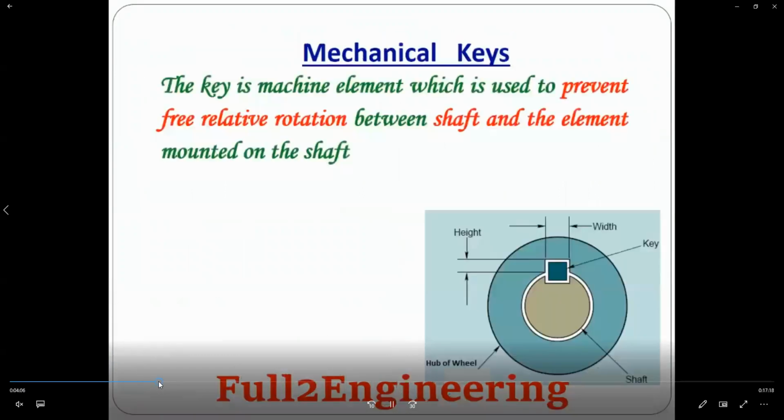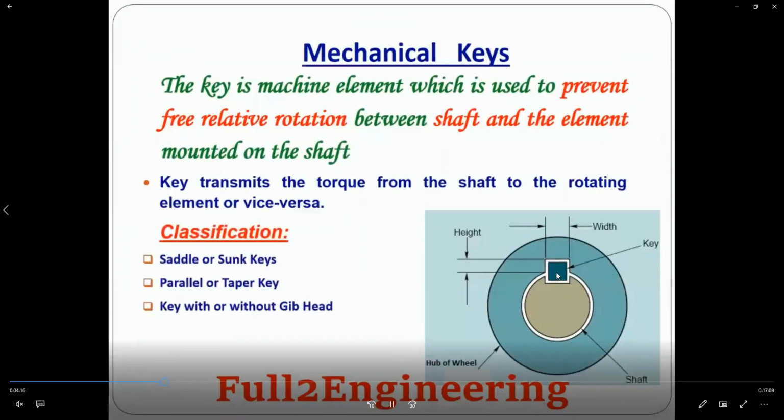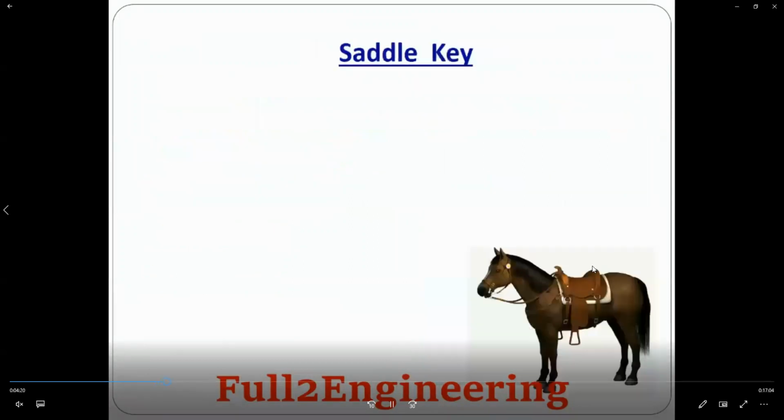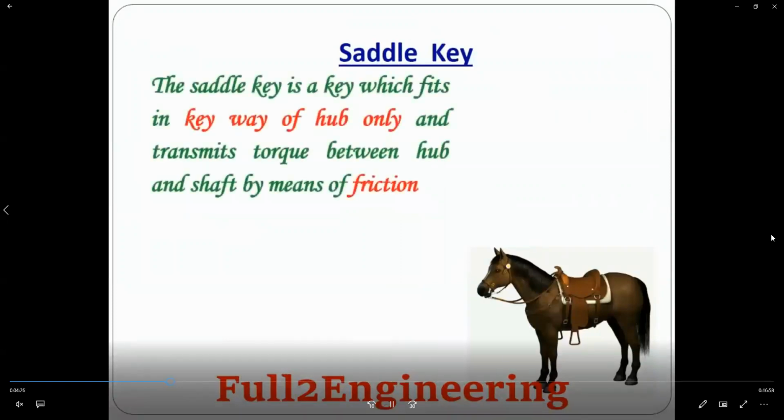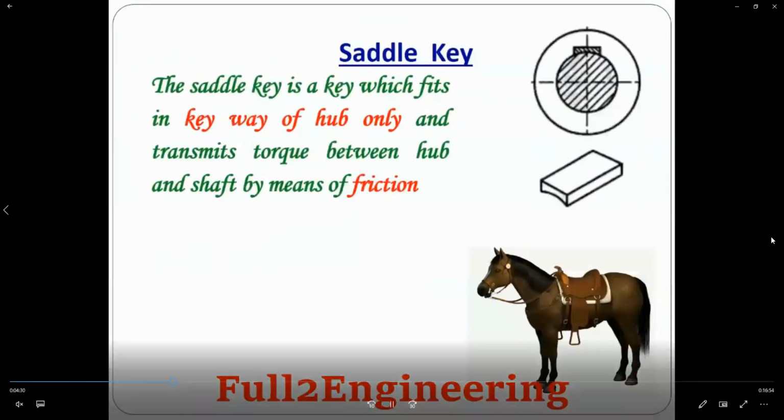Okay, we just go through the mechanical key. We use this to also transmit the power. When the shaft turns, it will transfer the power to the key, and the key will make another shaft turn. There are different types of key, with different shapes. The connection between the key and the shaft is through friction.